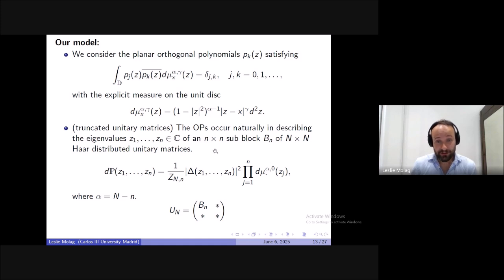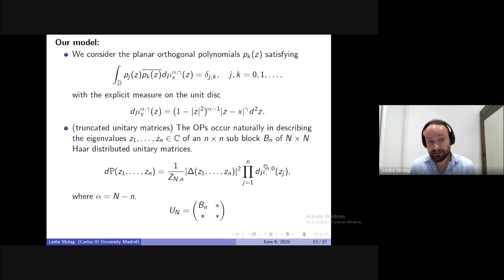It turns out that if you look at the eigenvalues of such a truncated unitary matrix, which are random, then they are distributed according to this probability density function that you see here. This factor is a Vandermonde factor, and I hope people know what that is. But here you have the measure that I defined here, but without the point charge insertion.